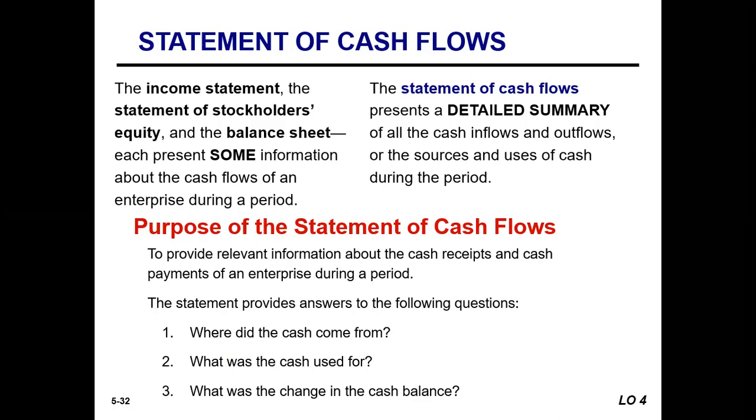Did it come from operating activities, investing activities, or financing activities? What was it used for? And what was the overall change in the cash balance? Although we could calculate number 3 by just looking at our balance sheet, the change from the beginning of the year to the end of the year, the statement of cash flows shows us exactly in detail what the cash inflows and outflows were.